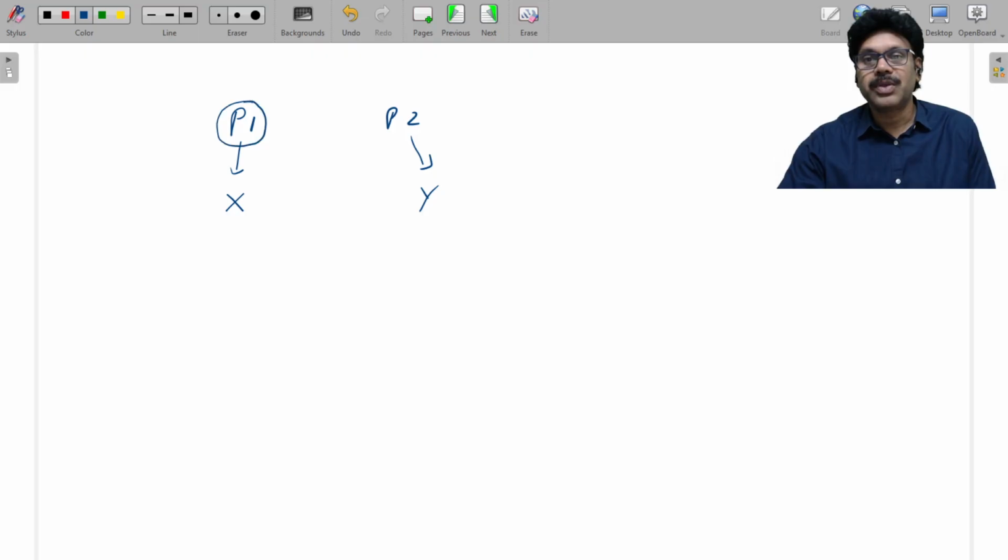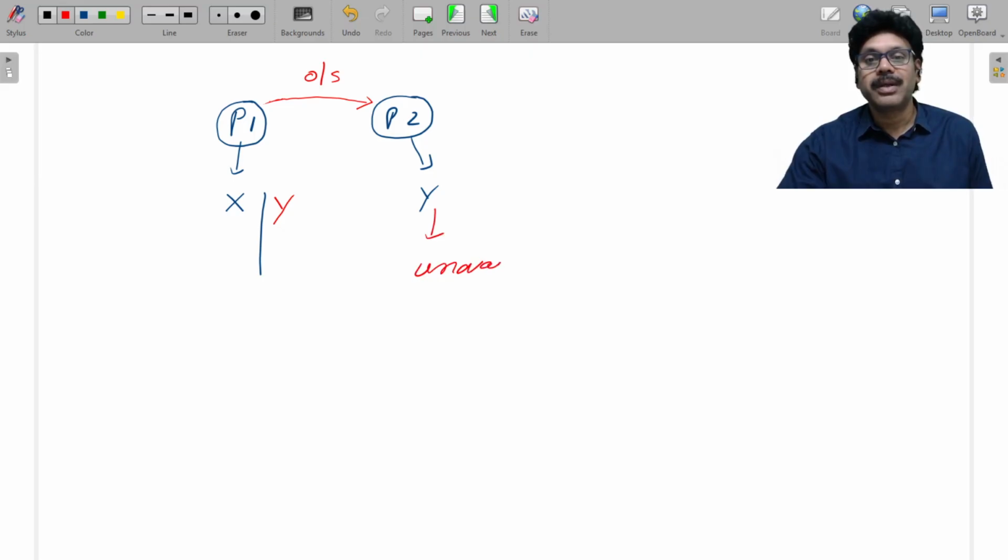So here P1 holds resource X, P2 holds resource Y, but P1 also needs resource Y to complete its execution. In this case, P1 puts a request to the operating system that it wants resource Y. But resource Y is unavailable.